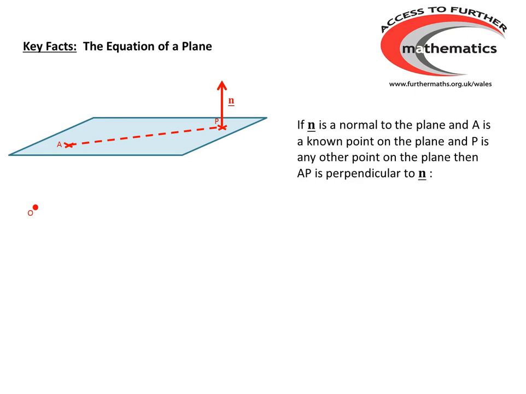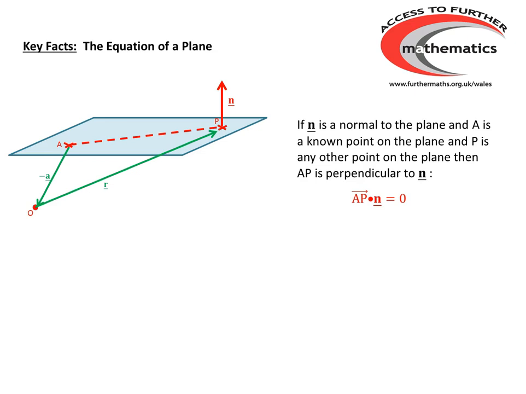If A is a known point on the plane and P is any other point on the plane, then the vector joining A to P will lie on the plane. So the vector AP must be perpendicular to n, which means the scalar product of AP with n must equal 0.